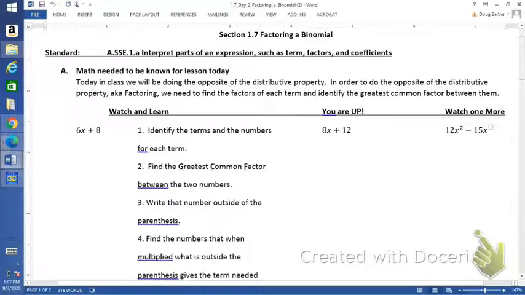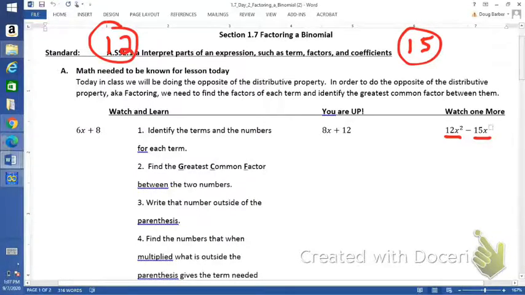Alright, and then for the last one, we have two terms again. 12x squared is the first term, and then negative 15x is the second one. The numbers with those terms, 12 and 15.